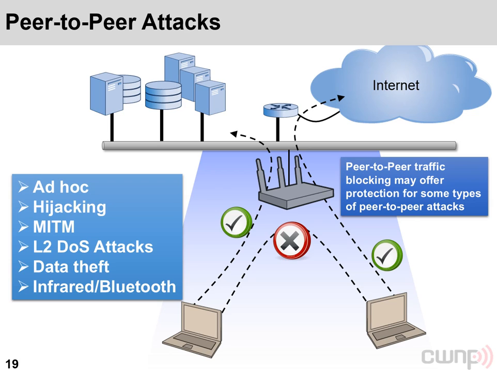Hijacking, man-in-the-middle attacks. We'll talk more about man-in-the-middle in a moment. Layer 2 denial of service attacks, data theft, infrared and Bluetooth could be used for connections in some cases, depending on what services are open. Basically, what we could do is we could do peer-to-peer traffic blocking in some cases to help prevent these. That's a feature to configure on the access point, but it does depend on the configuration of the client and what that client is listening for and attempting to do as well.